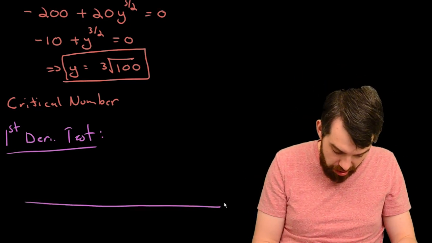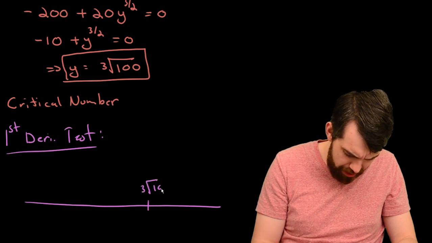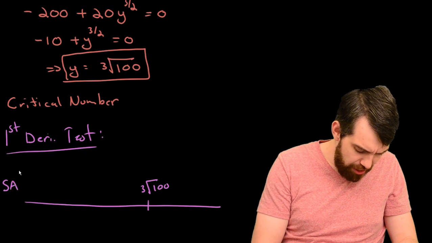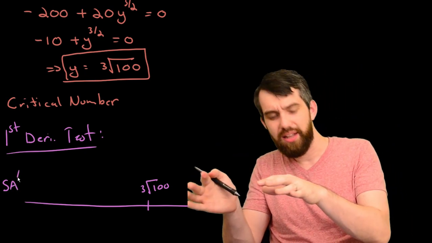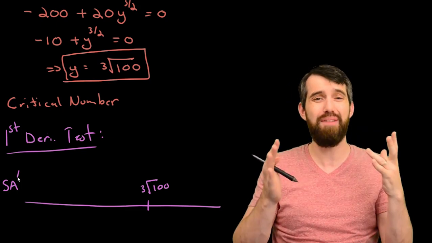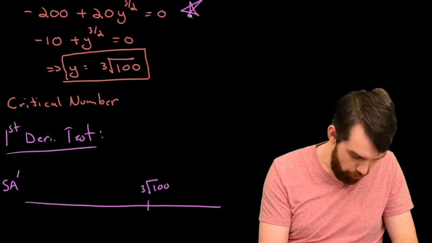I'm going to come along here, I'm going to plug in that value, the cube root of 100, there it is, and what I'm interested in is what happens to this surface area derivative to the right of the cube root of 100 and to the left of the cube root of 100. That's what I have to investigate. Well, the equation that I want to look at is this one right up here.